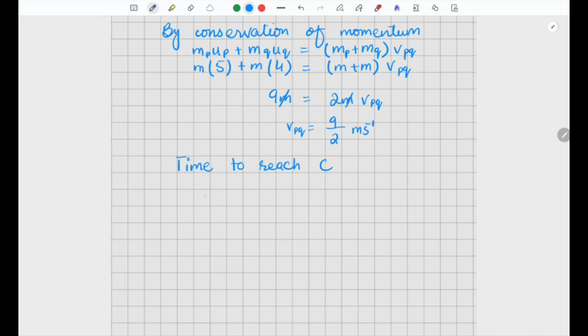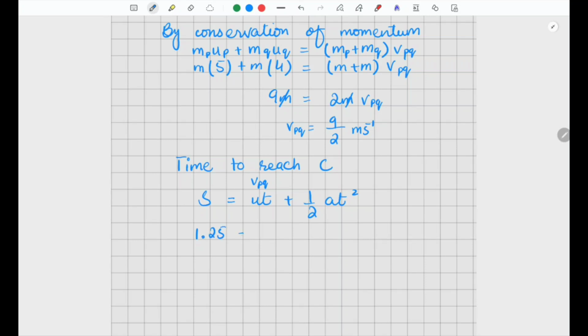So we can use the equation of motion involving the distance and time. S equals UT plus half AT square. Now the particle is coalesced, so this is actually the velocity of PQ, and time we need to find, and acceleration again we will take to be 4 because the surface is rough, and the distance that needs to be covered to reach C is 1.25.